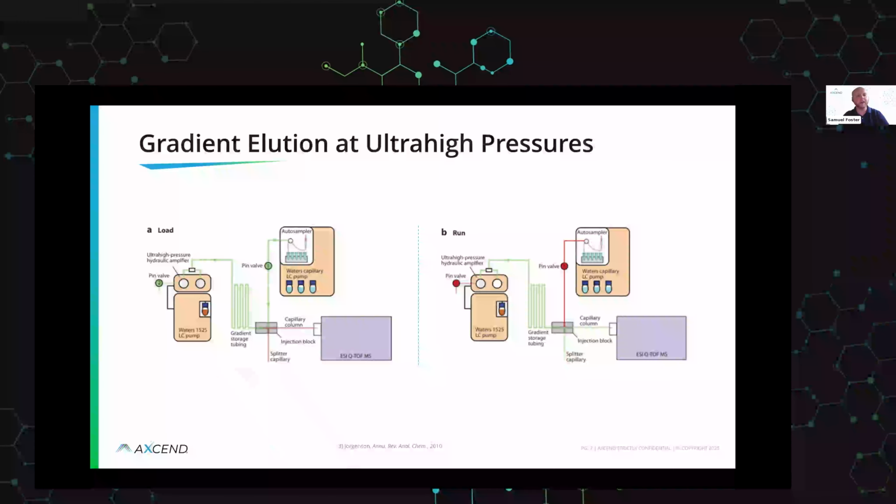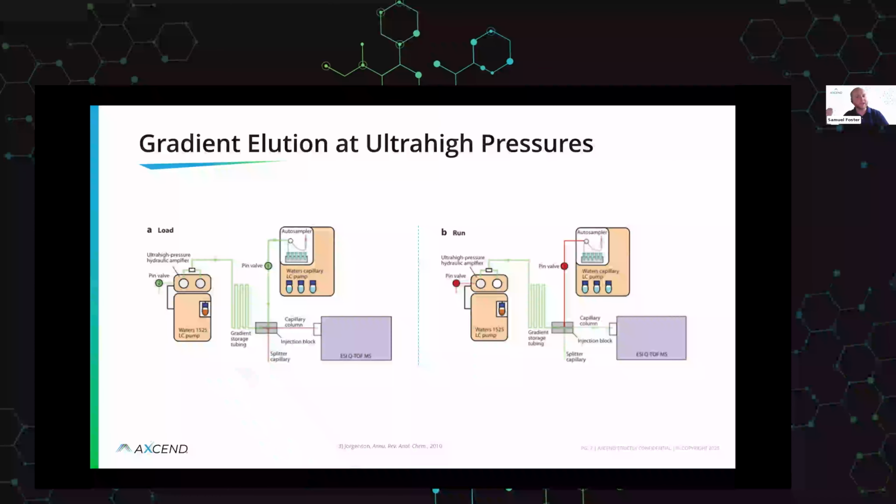So by taking, as we see here in section A, an external pumping system and flowing a reverse gradient, starting at very high organic or high elution strength solvent and flowing to a low organic or low elution strength solvent, you can generate a gradient stored in that gradient storage tube.